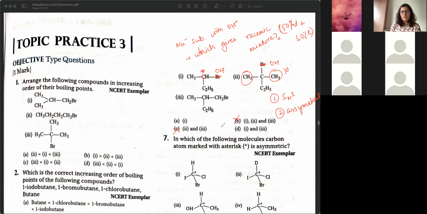Now either one or both 1 and 3. So यहाँ पे do we have a question of chiral carbon centers? Since I discussed this compound, when you guys tell me.